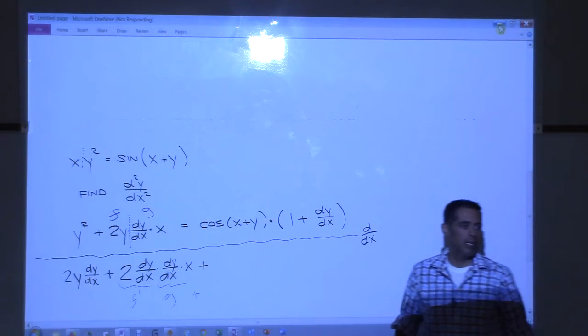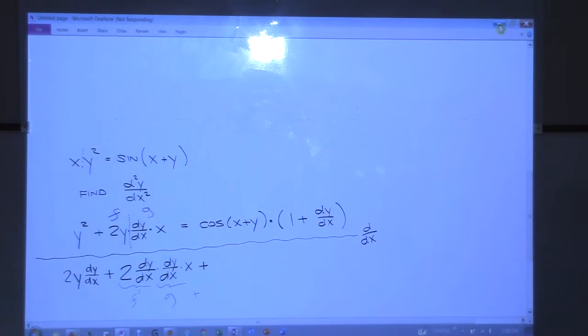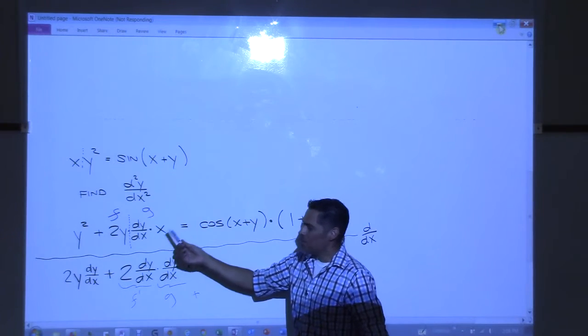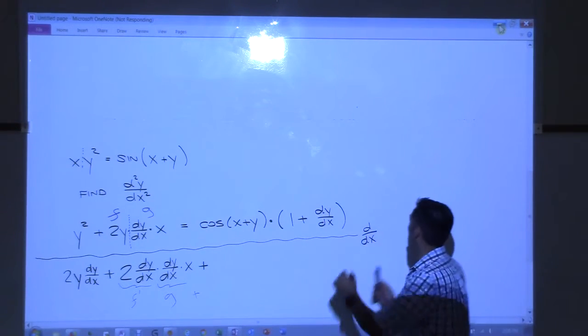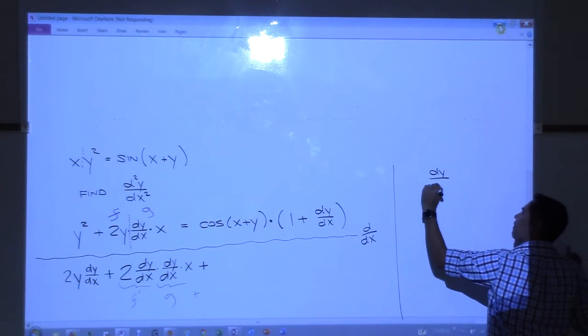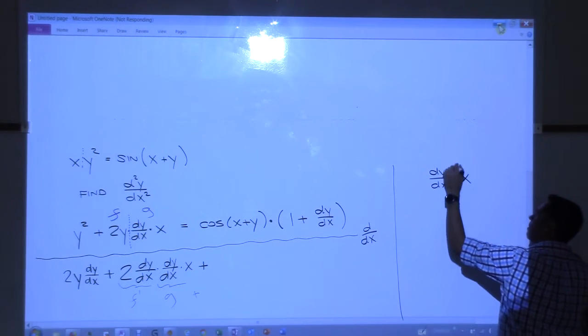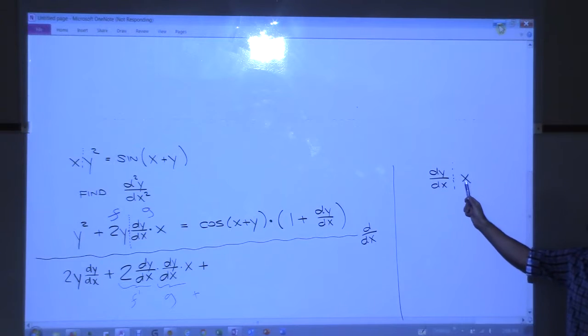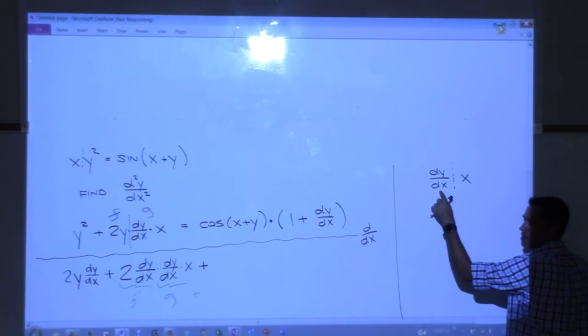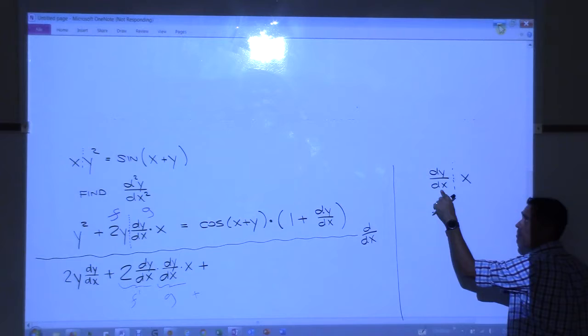g prime. Oh, crap. What's g prime? What's the derivative of this? Well, it's a product, isn't it? So I've got to do this on the side. I've got dy dx times x, and I'm supposed to take the derivative of this right now. So let's do a quick little product rule on this. Derivative of that times this plus derivative of this times this. So what's the derivative of this with respect to x?